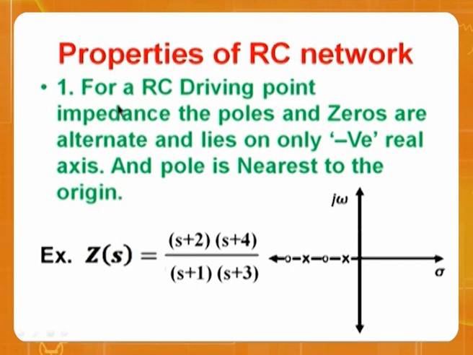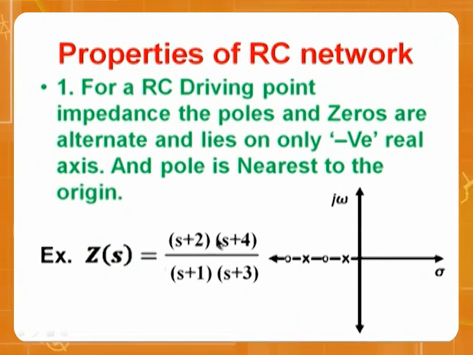For an RC driving point impedance, the poles and zeros are alternate and lie on the negative real axis, and the pole is the nearest to the origin. Pole means roots of the denominator, zero means roots of the numerator.